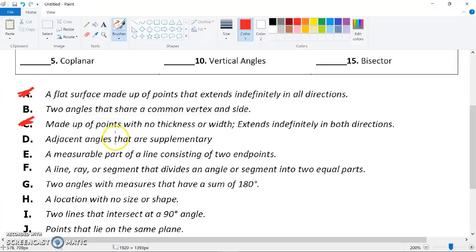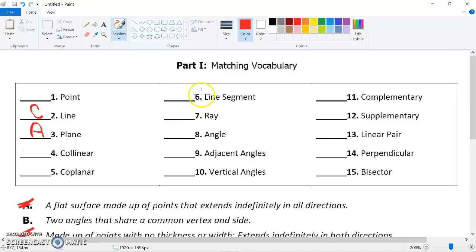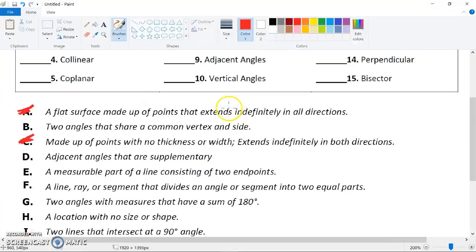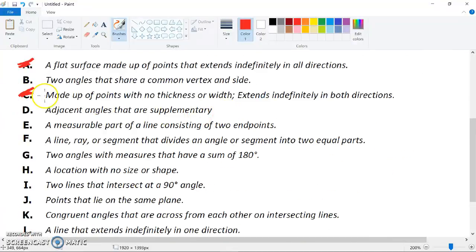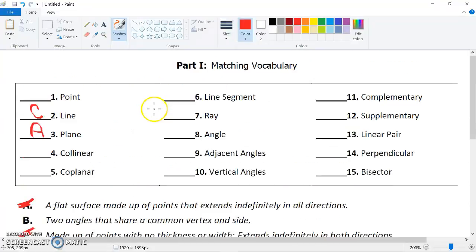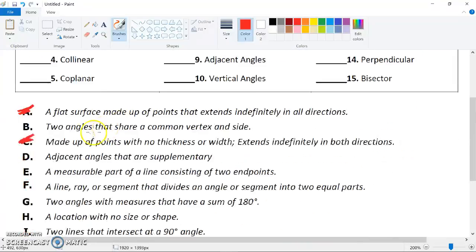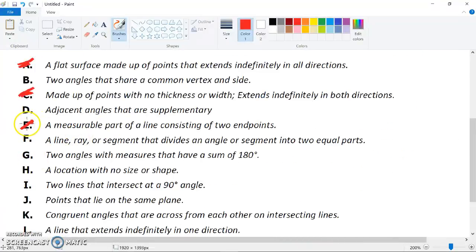All right, another one that I'm going to look at is probably E. A measurable part of a line consisting of 2 endpoints. The only thing in geometry that we've discussed with 2 endpoints is a line segment. So number 6 is going to be E. Cross that one out.